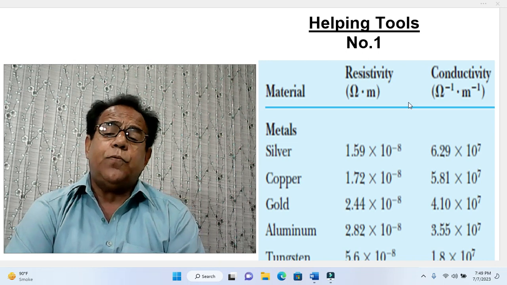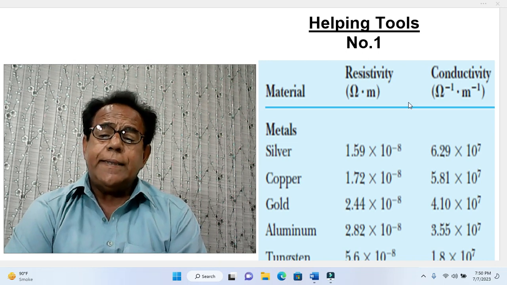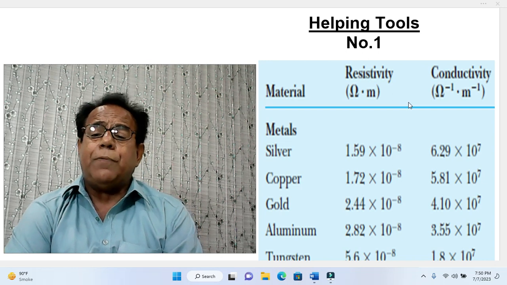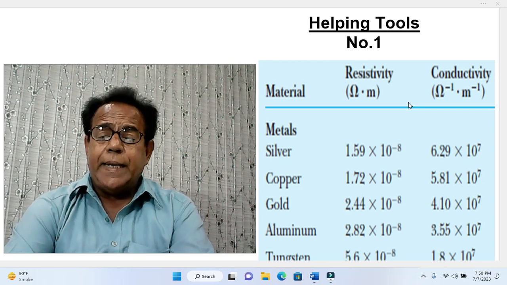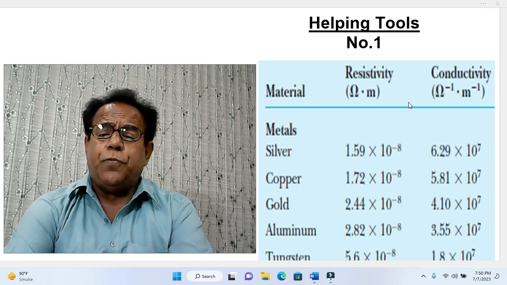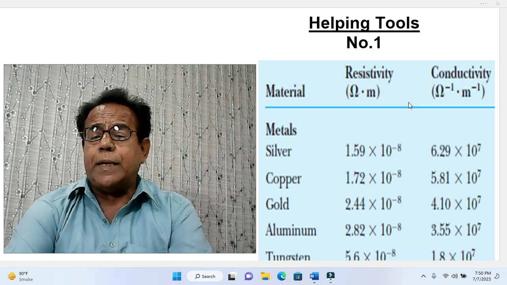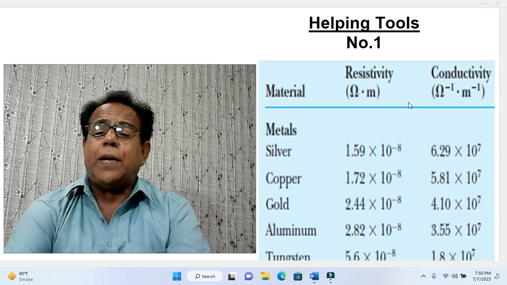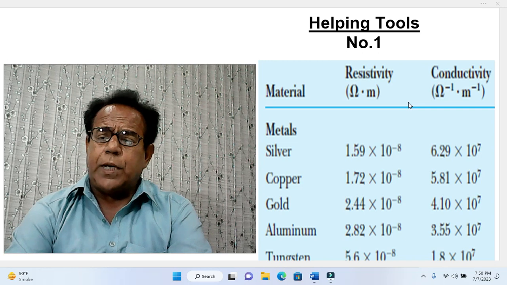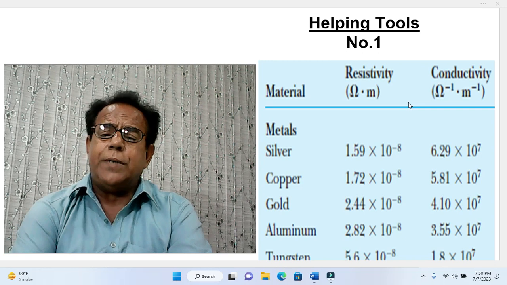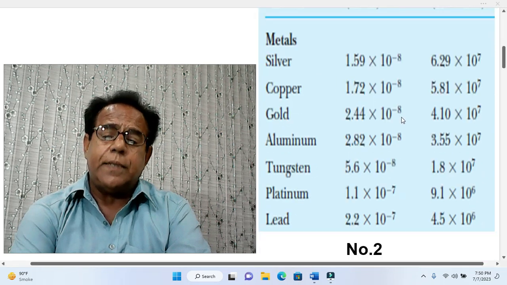Moreover, in case of copper, resistivity is of the order 10 to power minus 8 while conductivity is 10 to power plus 7. So when we take the reciprocal of 1.72 into 10 to power minus 8, we get 5.81 into 10 to power 7, and when we take the reciprocal of 5.81 into 10 raised to the power 7, we get 1.72 into 10 raised to the power minus 8.